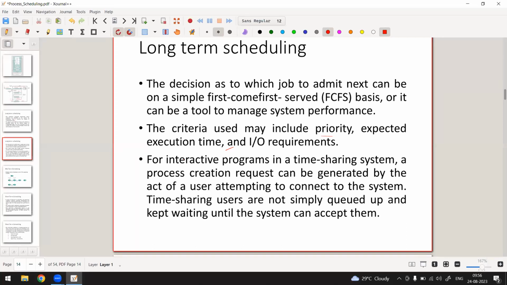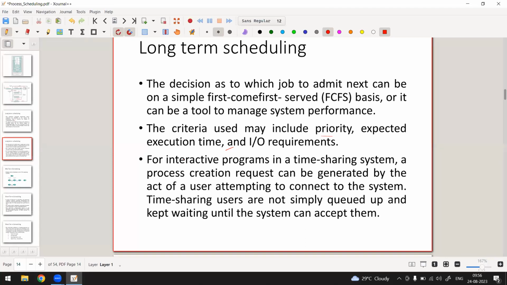IO requirements: if the process requires more IO, it can be delayed. All these criteria are used in deciding the long-term scheduling policies.